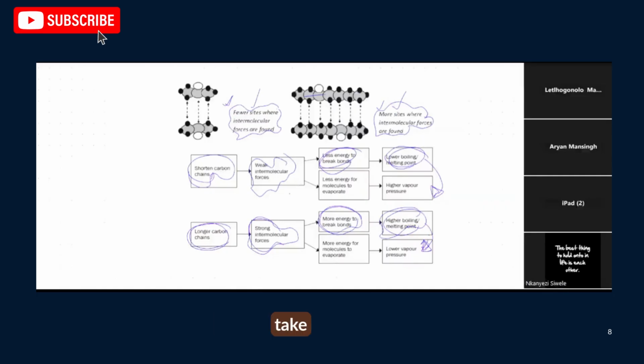Now we're going to take a look at how the chain of our molecules affects the boiling point, or in this case, the properties.